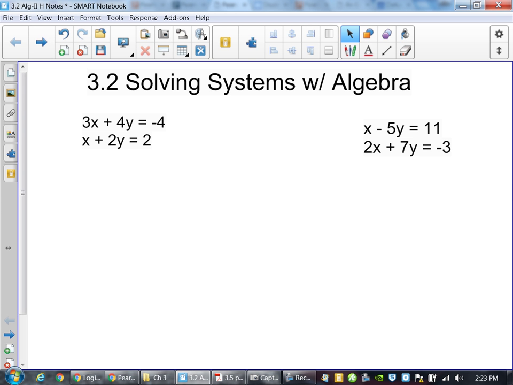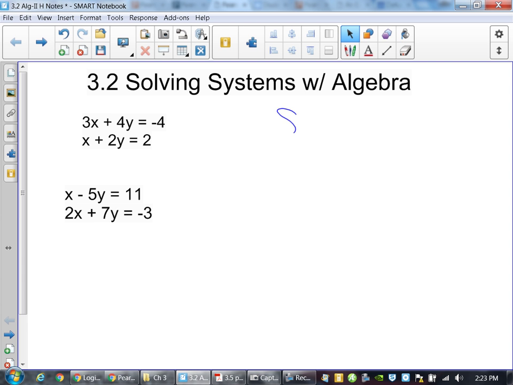So when we're solving systems of equations, there are multiple methods to solve them. We have substitution, elimination, and then linear combinations.